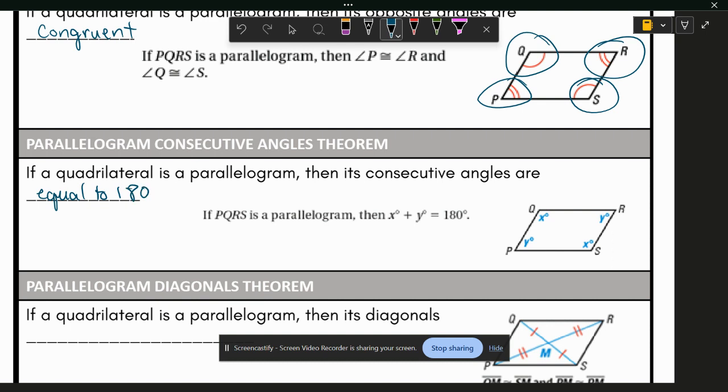Which kind of makes sense because if you look at this, x plus y equals 180. These would be equal to 180. You could just go around here. They're right beside each other. These would be equal to 180, equal to 180, and equal to 180.